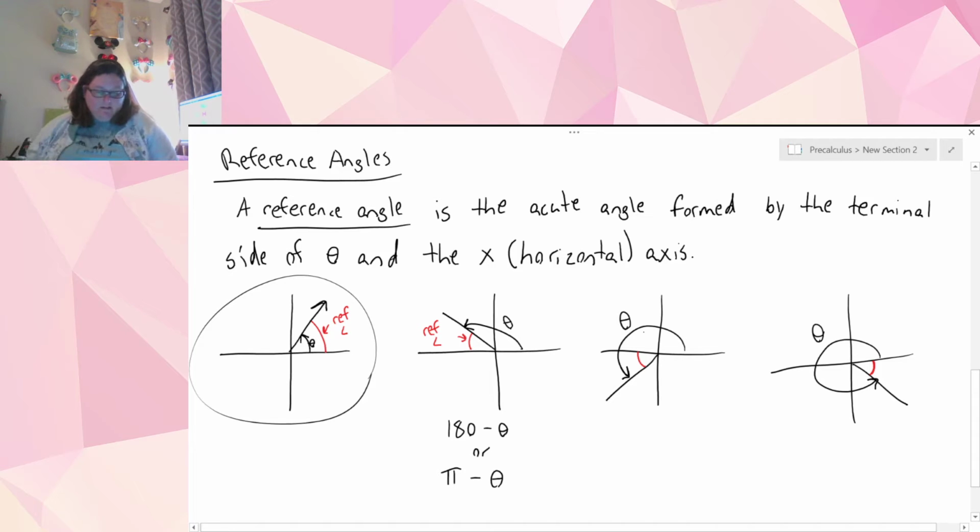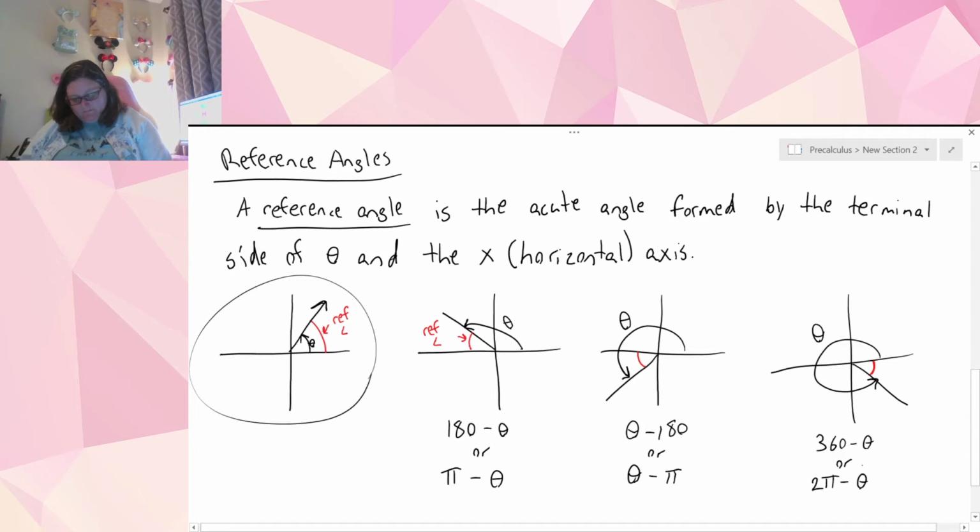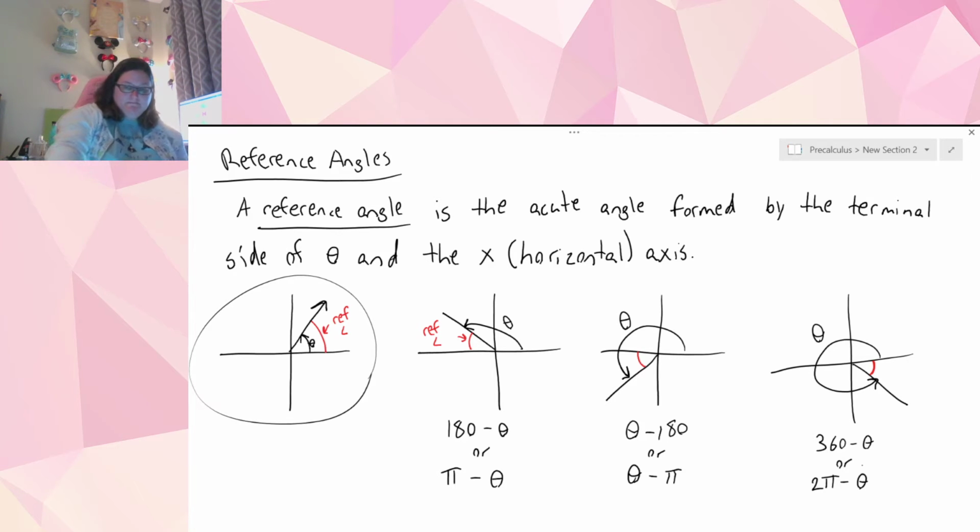Next one, we do theta minus 180, or theta minus pi. And in our last one, we do 360 minus theta, or 2 pi minus theta, if we're in radians. So this is how we calculate reference angles.